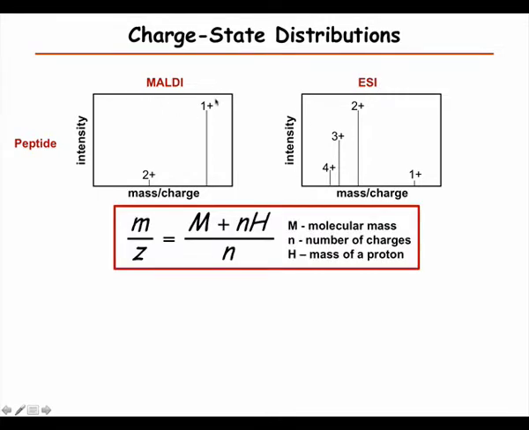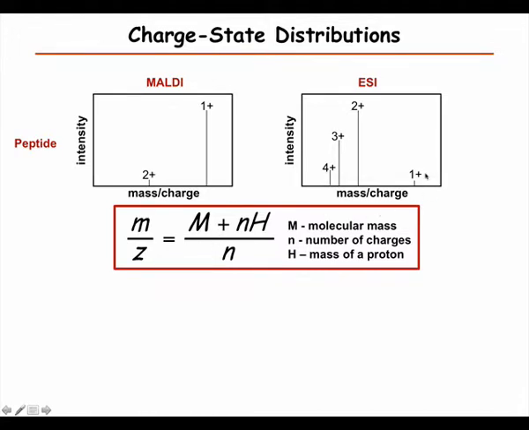And so to calculate mass to charge, when we have positively charged peptides, we have the mass of the peptide, and the charge comes from protons that are attached to the peptide. So we take the mass of the peptide and n number of protons, and then we divide it by that same number n.